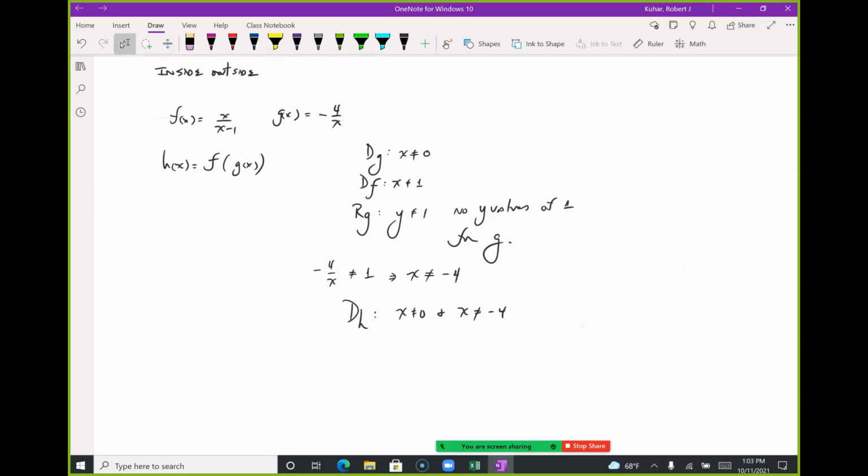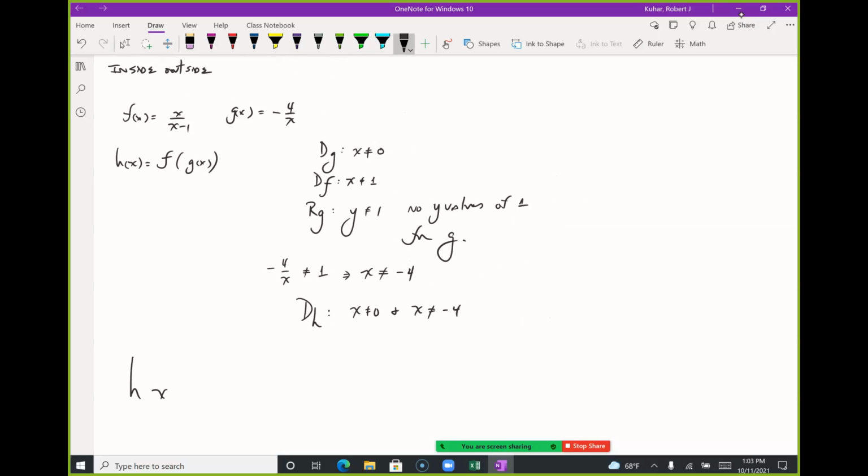All right, let's find the composition. We're racing right now, right?